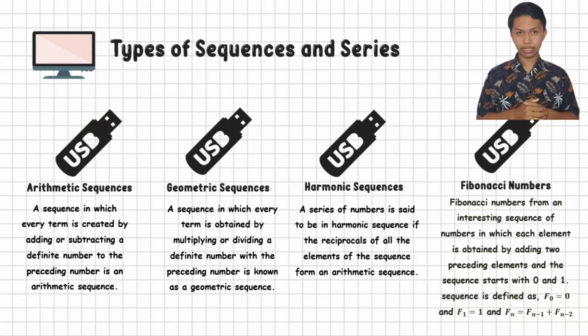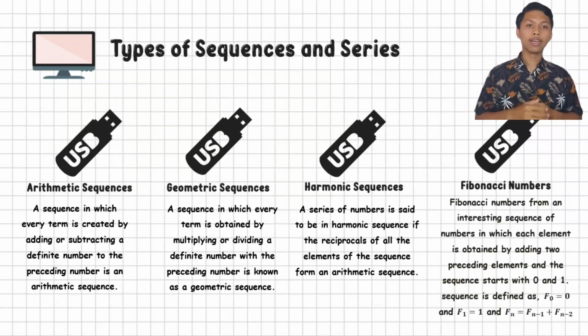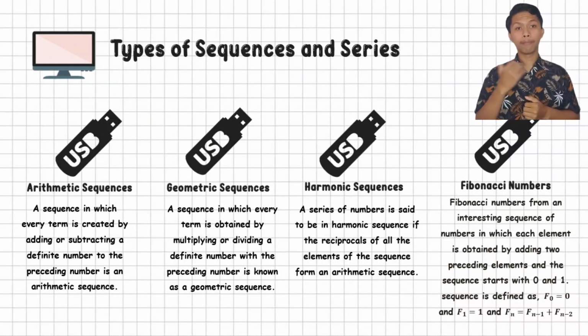Okay, the second one is the geometric sequence. A geometric sequence is a sequence in which every term is obtained by multiplying or dividing by a definite number the preceding number. Like the arithmetic sequence, formulas and examples for this type we'll discuss more fully after this topic.